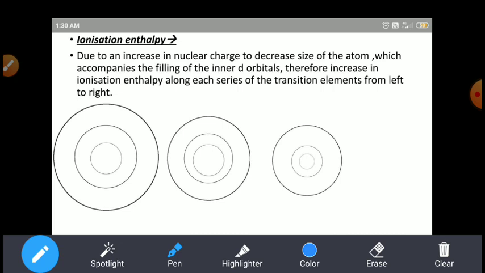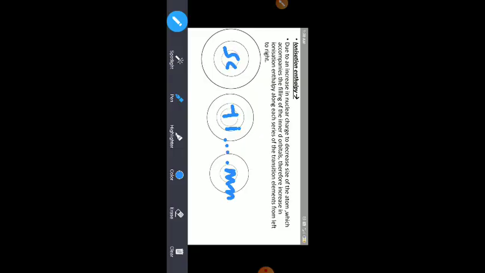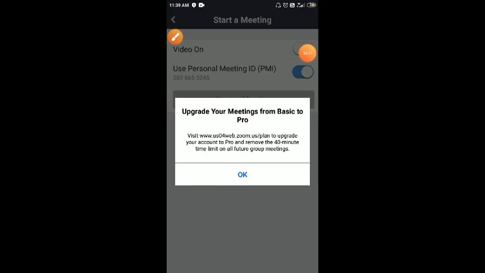Due to the increased nuclear charge, the size of the atoms decreases as we move from scandium, titanium up to manganese.